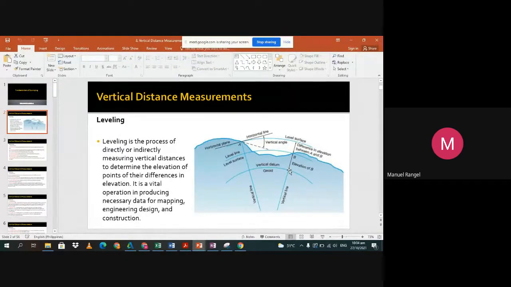From the reference, the vertical distance to this point is the elevation of point A. From point A to the reference line is also called the elevation of point A. This is the elevation of point B. If the datum line is here, then from point A to this point is its elevation. So it depends on your reference or datum, and it changes.